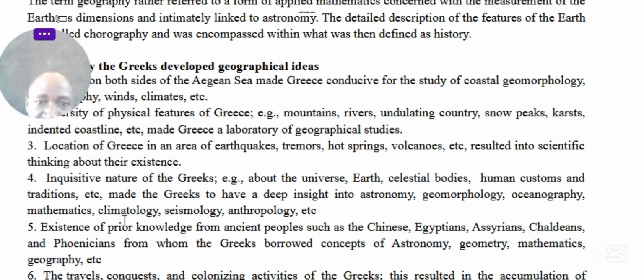For him, geography was a form of applied mathematics concerned with the measurement of the earth's dimensions.